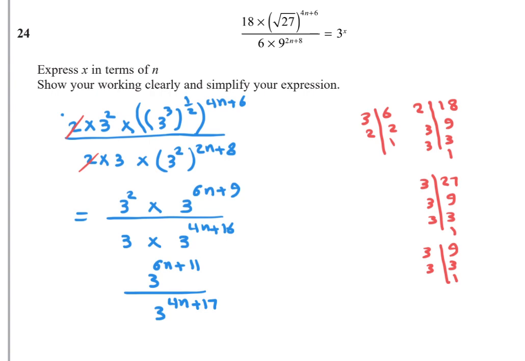Now when we divide, subtract the powers, so you are left with 3 power 6n minus 4n equals 2n, and 11 minus 17 is negative 6. So the simplest form for the left hand side is 3 power 2n minus 6, and this equals 3 power x, the right hand side. So now x equals 2n minus 6.